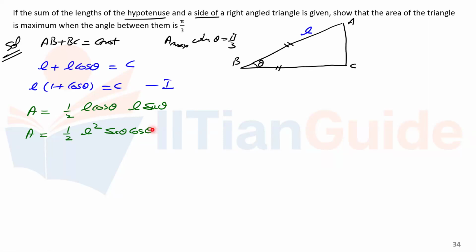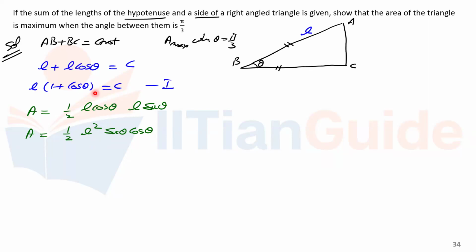I have two variables, L and theta, so I will have to write L in terms of theta or theta in terms of L. Which one is easier? Here I can write the value of L as C upon 1 plus cos theta. That will be better.